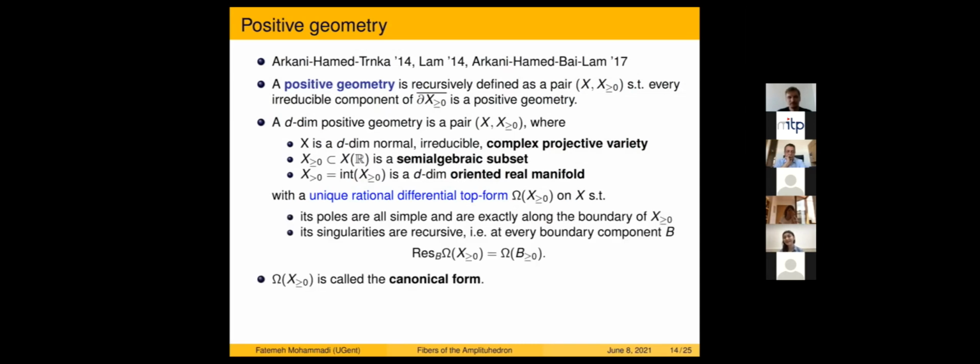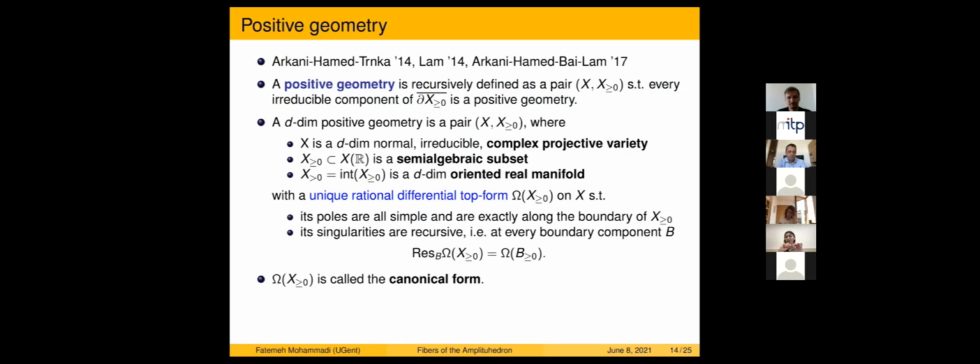This top degree rational form has the property that its poles are all simple, so they always happen along the boundary of X_plus, and the singularities are also recursive.